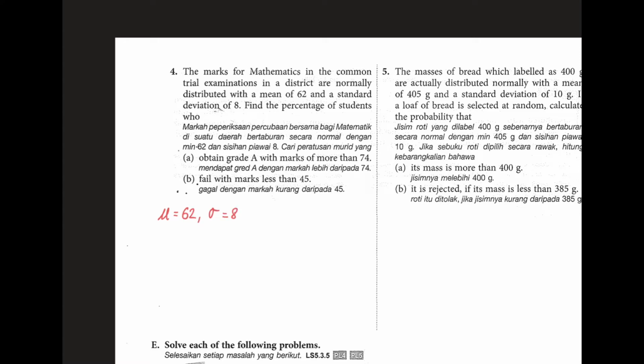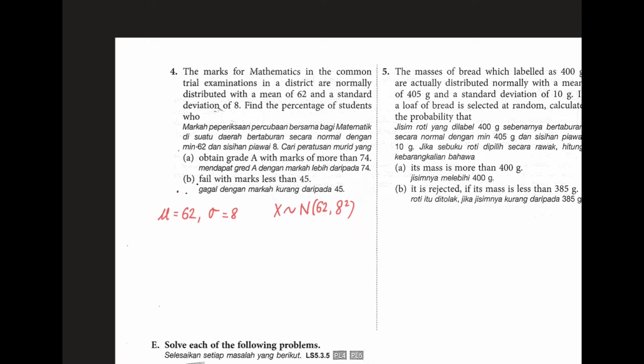Of course, you can also write it like this if you want, but this is not compulsory: X is normally distributed with mean 62 and variance 8 power 2. This is kind of common to write.